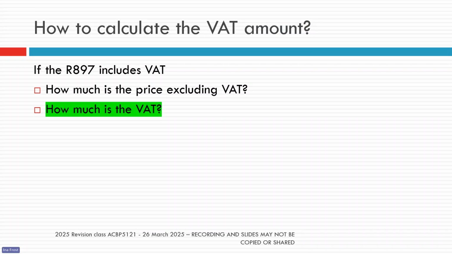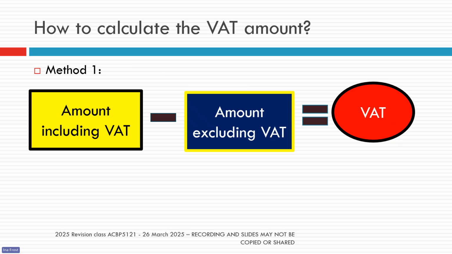Now we know the price excluding VAT, but the next question you might get asked is what was the VAT included in the 897? So we can take the question a bit further and ask what exactly the amount of VAT in that number was. Here I'll show you a few different ways to calculate that.